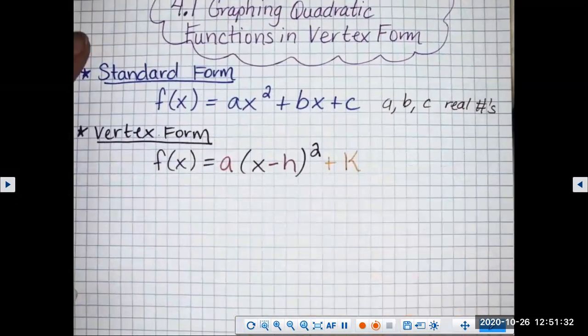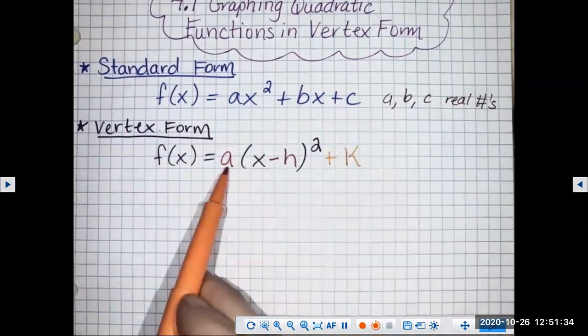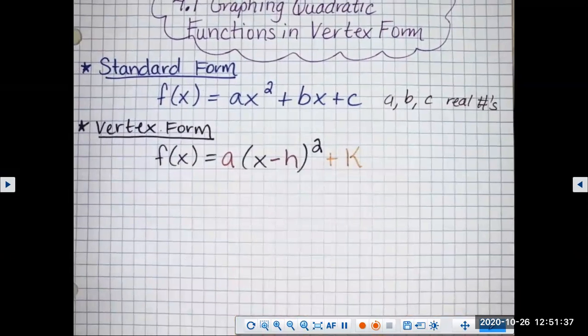And all of these values, this a value, h value, and k value, play an important part in how you graph them.